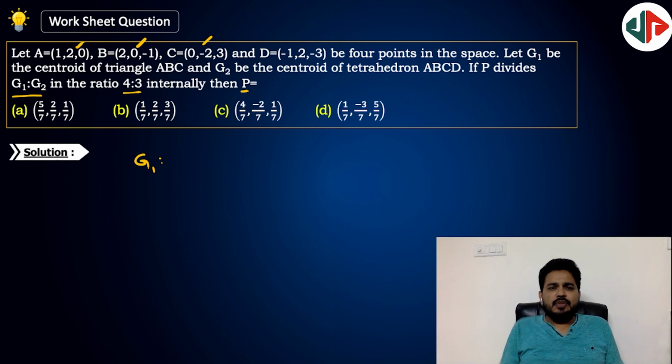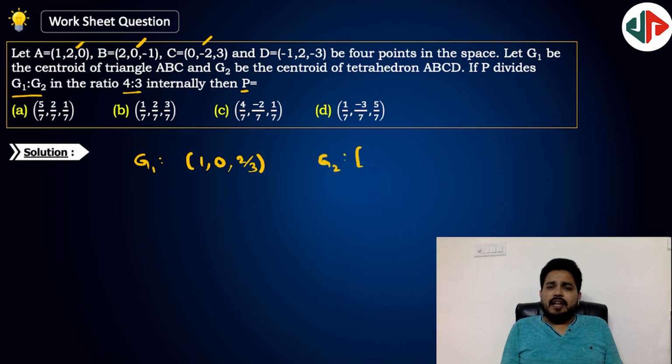So 1 plus 2 plus 0, you will get 1. Next, 2 plus minus 2, 0. Next, minus 1 plus 3, 2 by 3. This is G1.